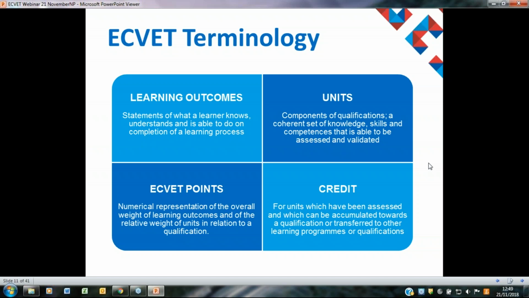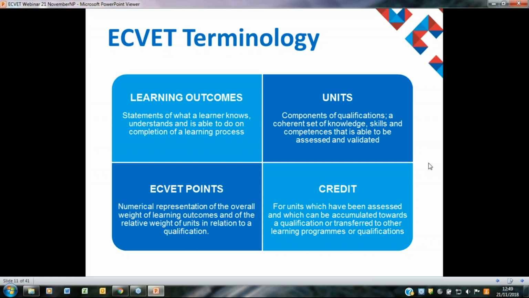When we talk later on about our ECVET stories, there are a number of institutions who have put together units for mobility only. By bringing together a set of learning outcomes, they have established programs and qualifications which can be achieved not only by their learners, but by visiting learners as well. And there's some good evidence and good examples of this in the ECVET stories.